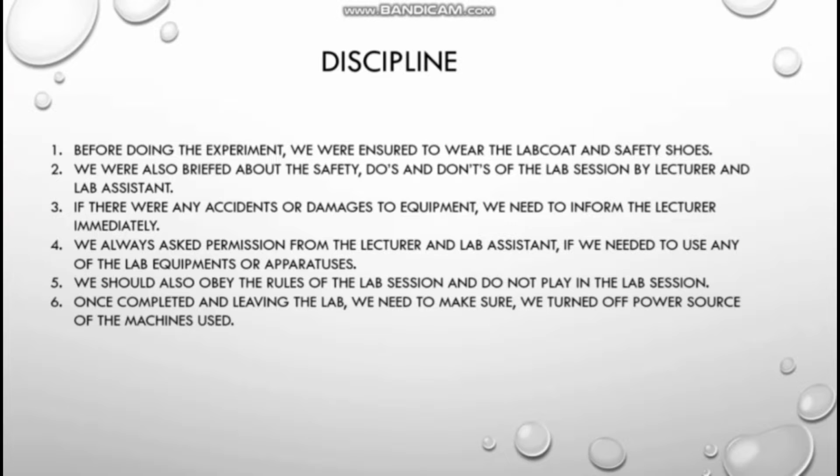Next, we always ask permission from the lecturer and lab assistant if we need to use any of the lab equipment or apparatus. We should also obey the rules of the lab session and not play during the lab session. Finally, once completed and leaving the lab, we need to make sure we turned off every power source of the machine we used for our lab session.